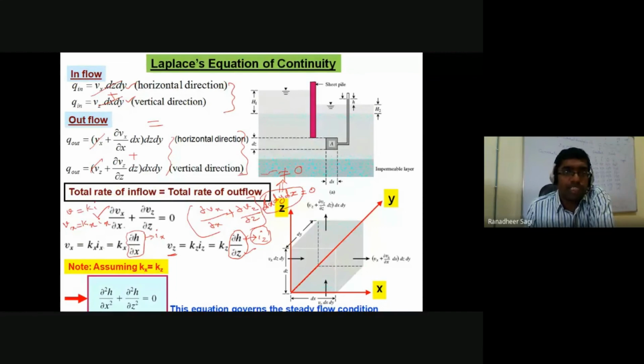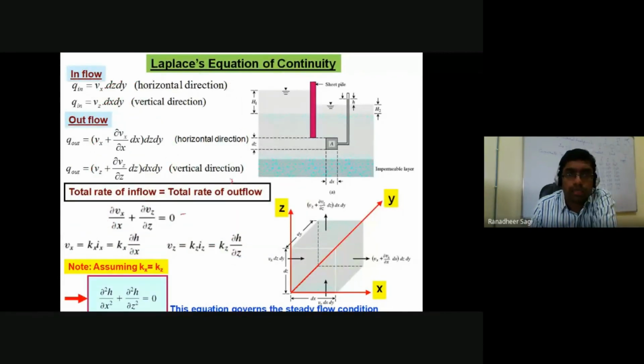So I am going to simply replace this in the equation of continuity, that is dou vx by dou x plus dou vz by dou z is equal to 0. In this, vx I replace with kx into dou h by dou x, and vz I replace with kz into dou h by dou z.